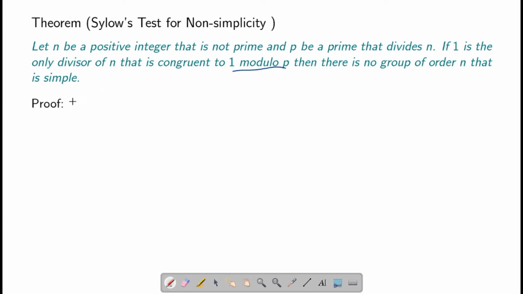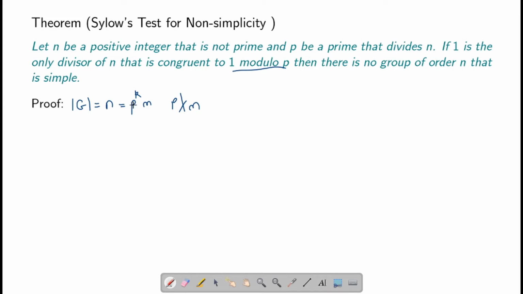So suppose G is a group whose order is n. Since p is a divisor of n, we can write n as p raised to k times m, where p does not divide m.